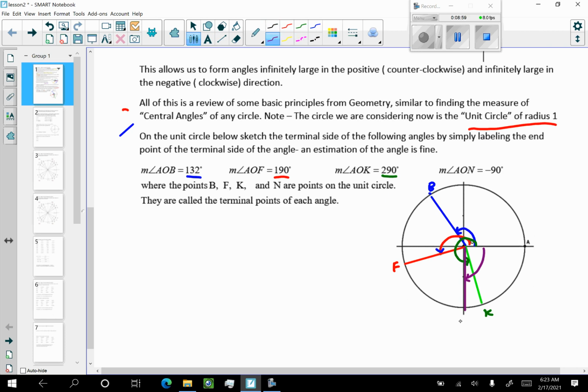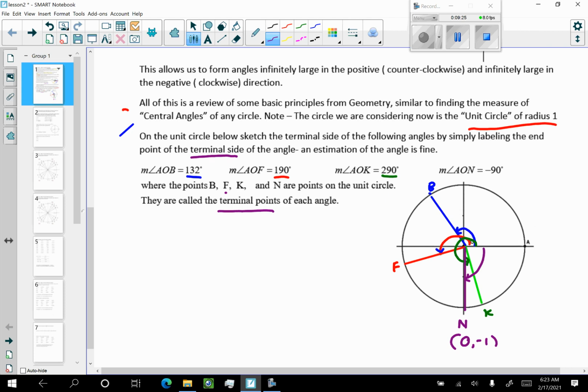And this point right here would be N. And we know if this is the unit circle, what point that would be. That point is going to be (0, -1), because we're always on the unit circle here. And these points, B, F, K, and N, are defined to be terminal points of each angle because they're the end point of the terminal side.